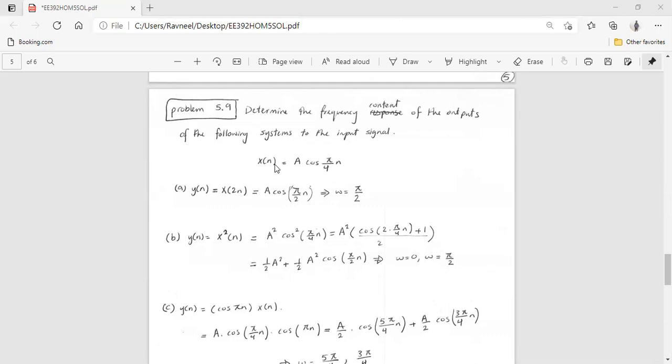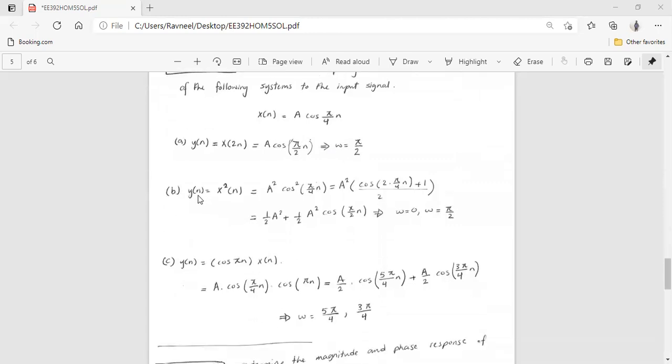So basically what do we have to do in place of n in this particular question? We need to substitute it with 2n. So substituting this will result in cos pi upon 4 multiplied by 2n, that will simplify as this particular term over here. So based on this, our omega value is pi upon 2, right? So the frequency component of this particular equation is pi upon 2.